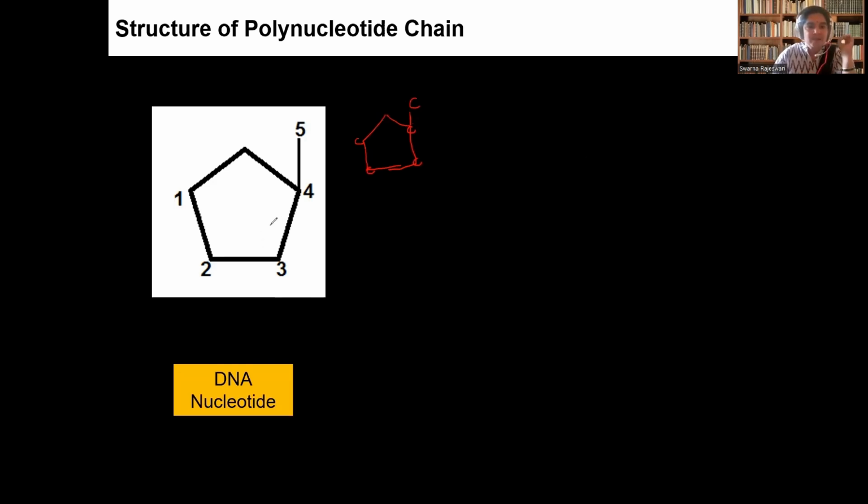Now if you see here, to the fifth carbon, we know that phosphate is attached. To the first carbon, the nitrogen base is attached, and in the case of DNA, at the second carbon, one oxygen is less, so we are calling it deoxy, and the third carbon is linked to the next nucleotide.